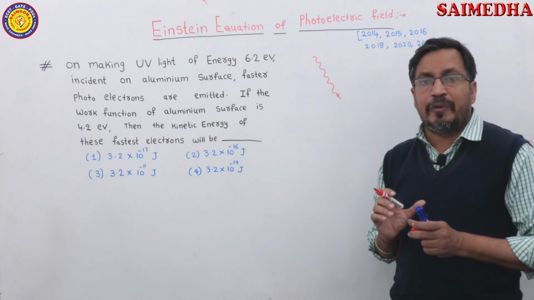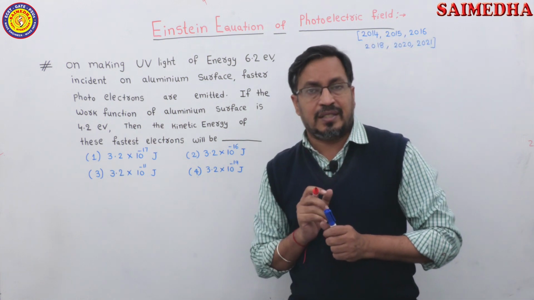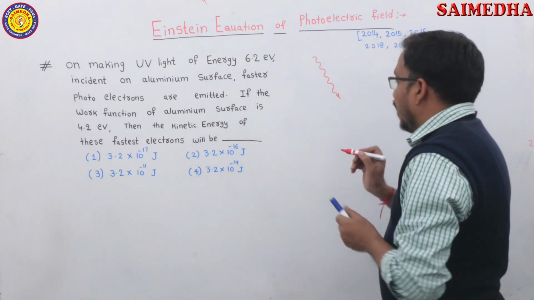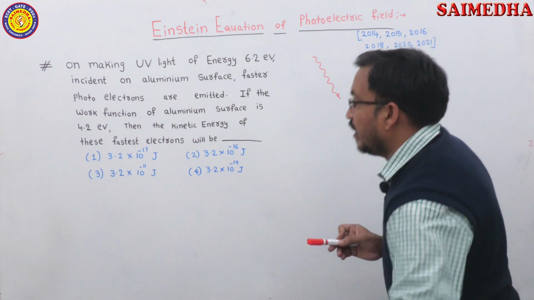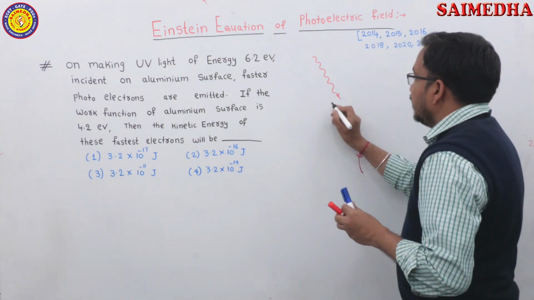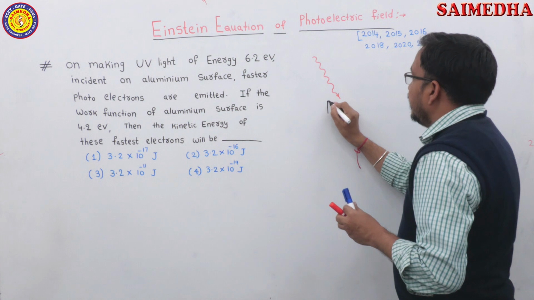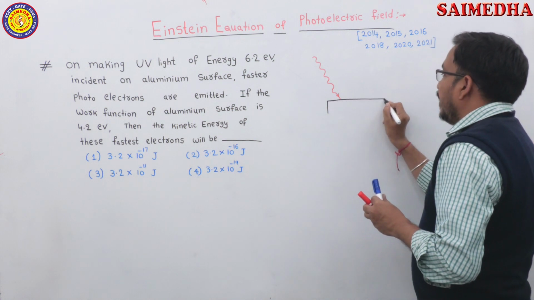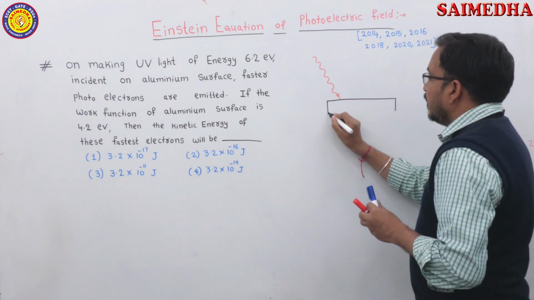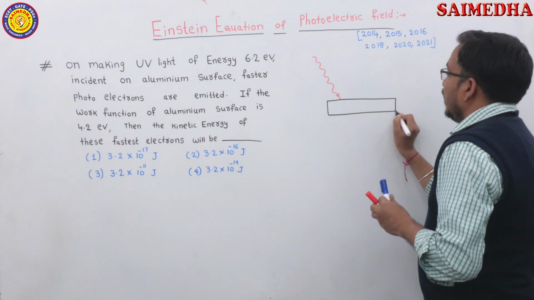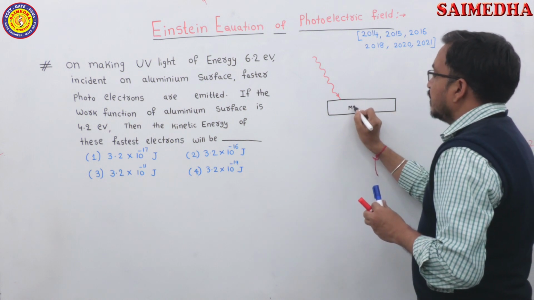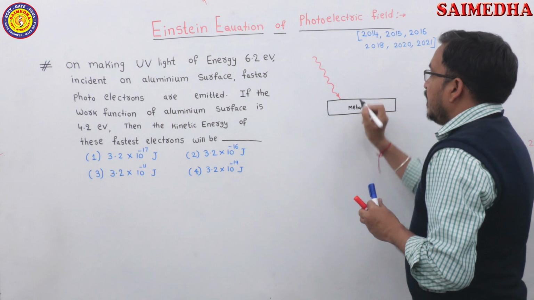What are these particles called? Photons. Now I am considering a metal. This is a metal. Students, the concept is very important. This is light.